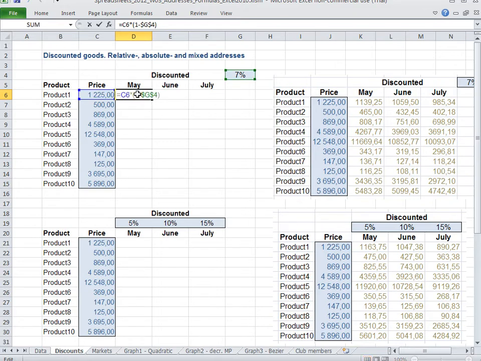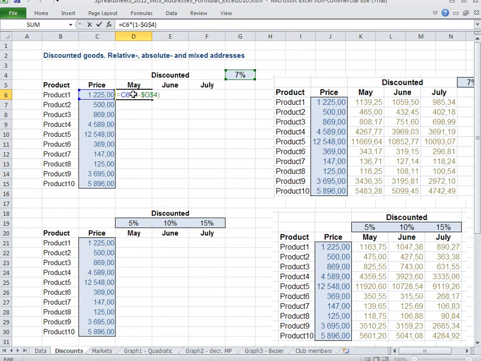So kind of it takes it one step from the left. It takes the previous price, which in here in our formula right now is the initial price, but when we copy it to June, it should also take it one from the left, and it should take the May's price and discount that further, and in July it should take the June's price and discount that further.